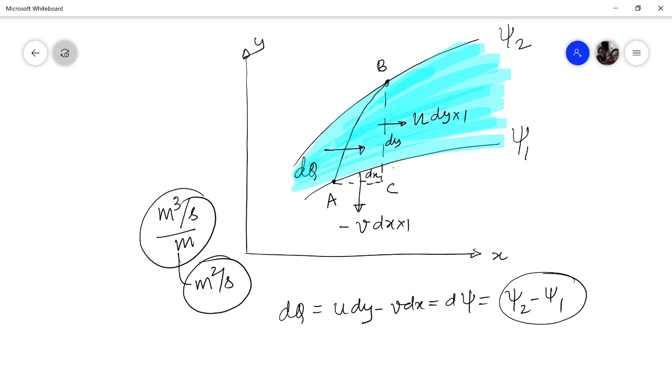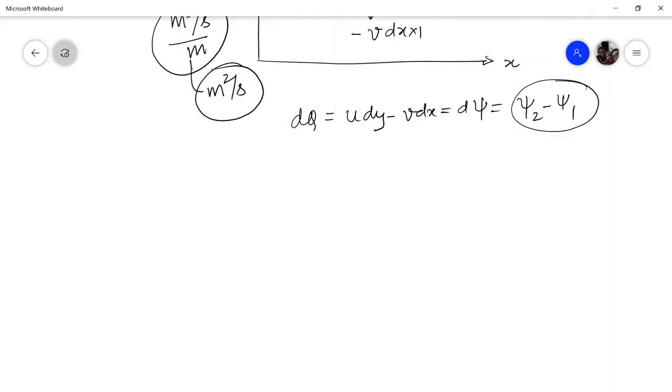So friends, likewise, you can also go for cylindrical coordinates. The continuity equation in cylindrical coordinates for incompressible fluid is 1 by r del by del r of r vr plus 1 by r del by del theta of v theta.